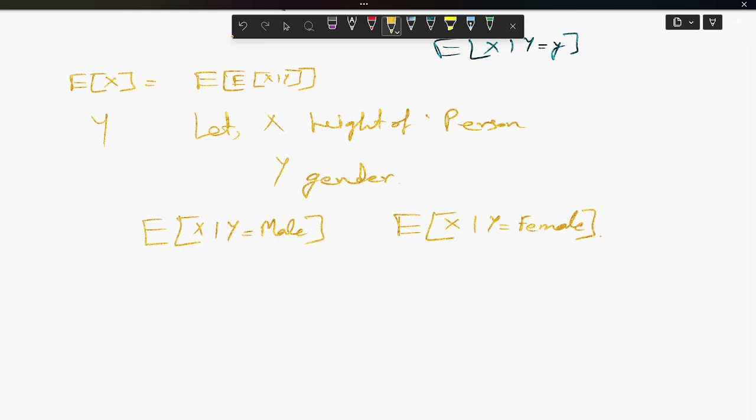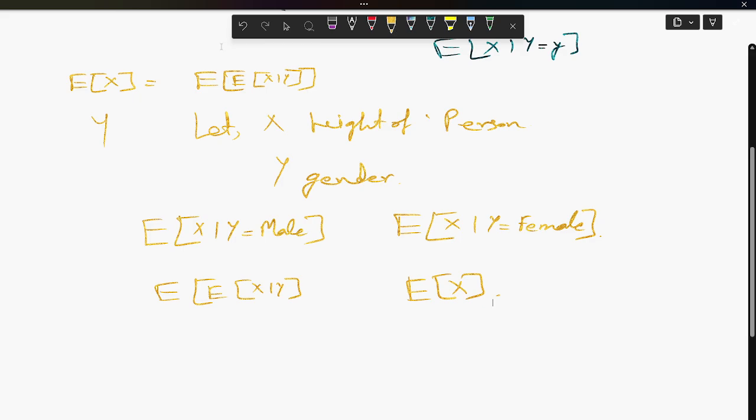Now the expectation of E[X|Y] is the average of these two averages, weighted by the probability of being male or female, which should equal the overall average height, E[X]. Am I right? So from the law of total expectation, E[E[X|Y]] equals E[X].